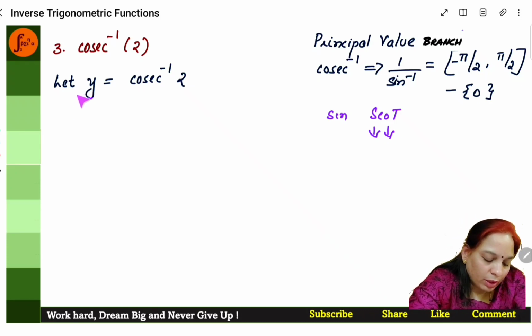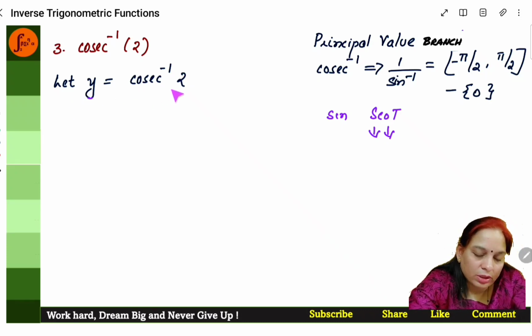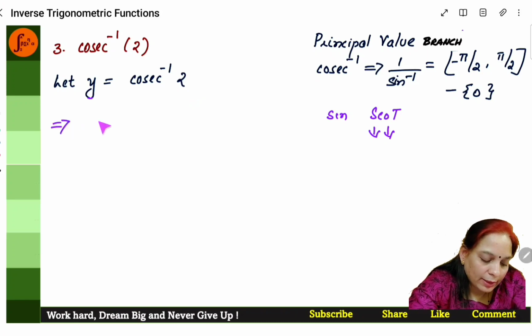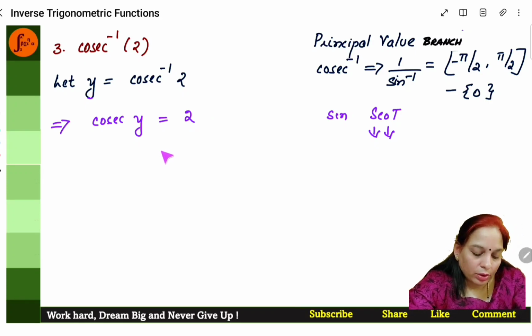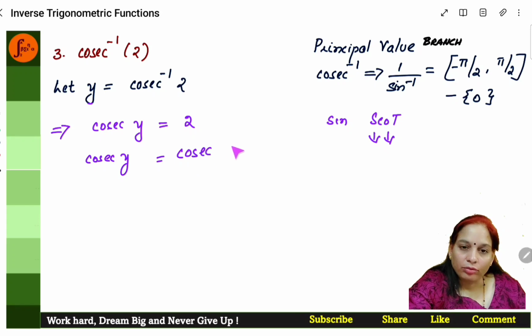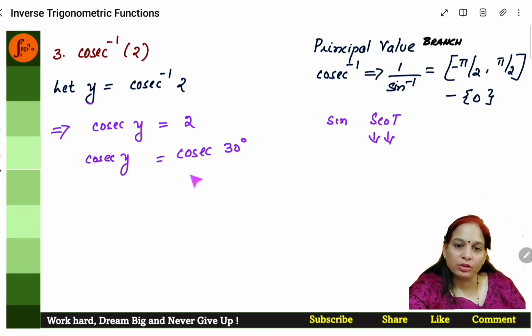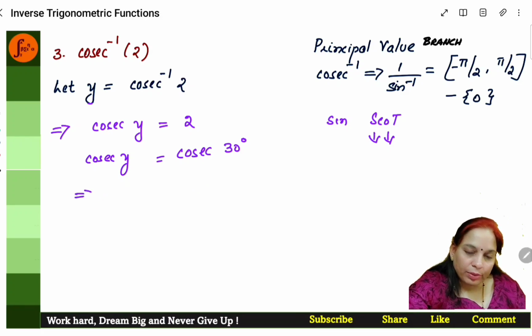So now we'll put y is equal to cosec inverse of 2, which means that cosec of y is equal to 2. Now in the trigonometric chart, cosec of 30 degrees is 2. This implies that y is equal to 30 degrees or pi by 6.